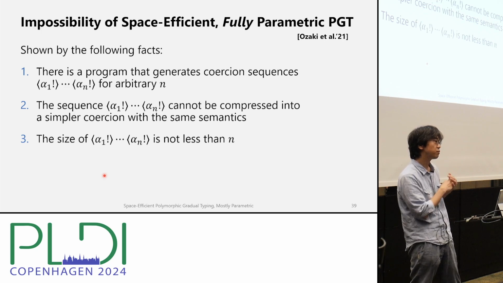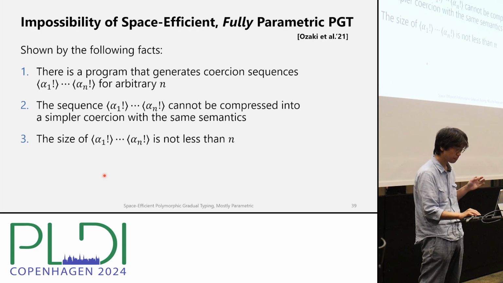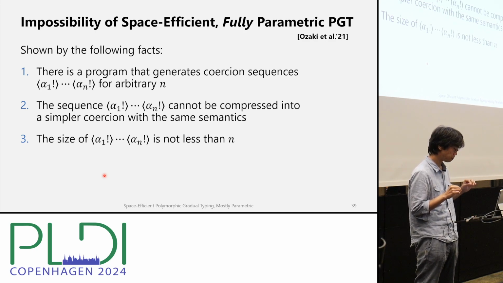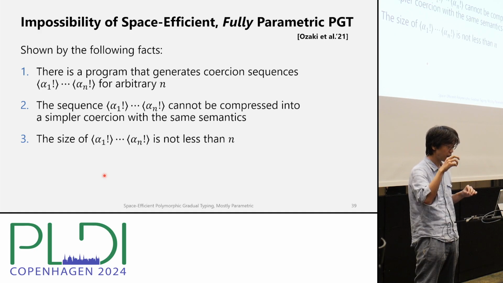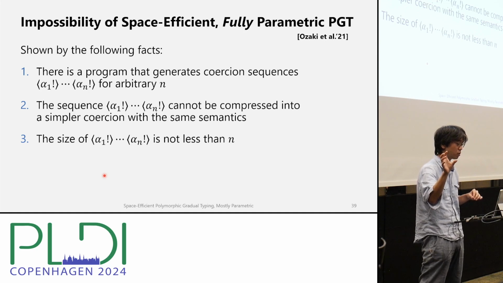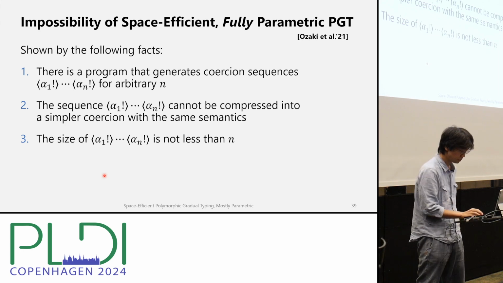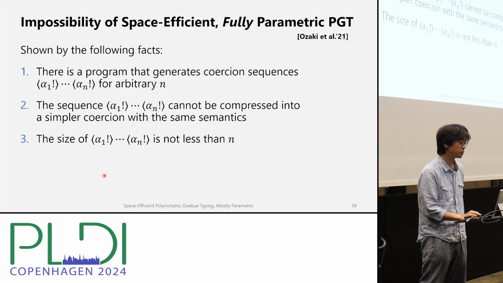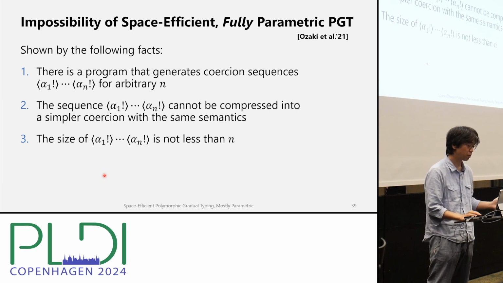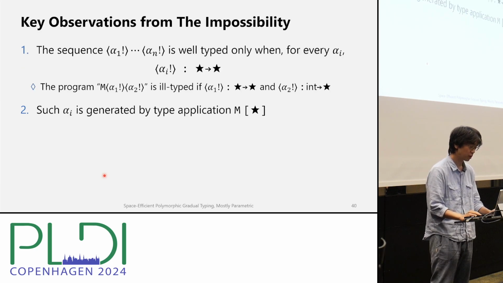So using these facts, we can find that for any n, the program may be evaluated to a program state where the space of coercions may be larger than n. So space efficiency doesn't hold in the freely parametric polymorphic gradual typing.